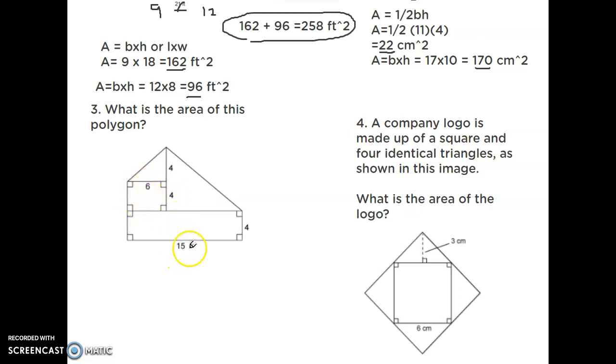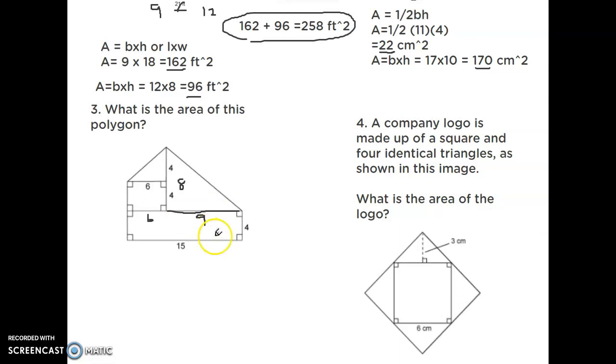Then we already have this one is 15 and 4, but we're missing the dimensions of this triangle. We know the height, so we would add that together to get 8 for the height of that triangle, but we need the base. We know this is 6 because the one above it is 6. So we would do 15 minus 6 to get our base here, which would be 9.